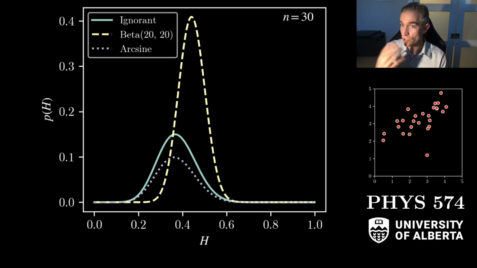And now we can actually interpret this. It's essentially saying that what I have put into this problem is 20 minus 1, or 19, additional heads tosses and 19 additional tails tosses. So that would naturally predict a distribution that's centered around 0.5. Our conjugate prior framing allows us to interpret how aggressive that prior was.